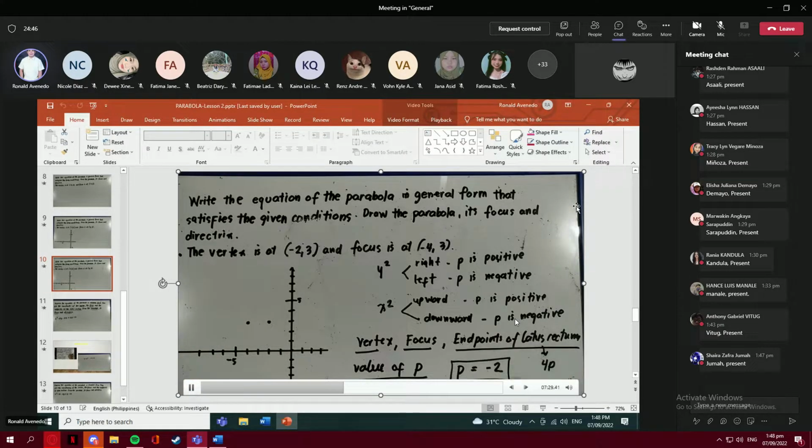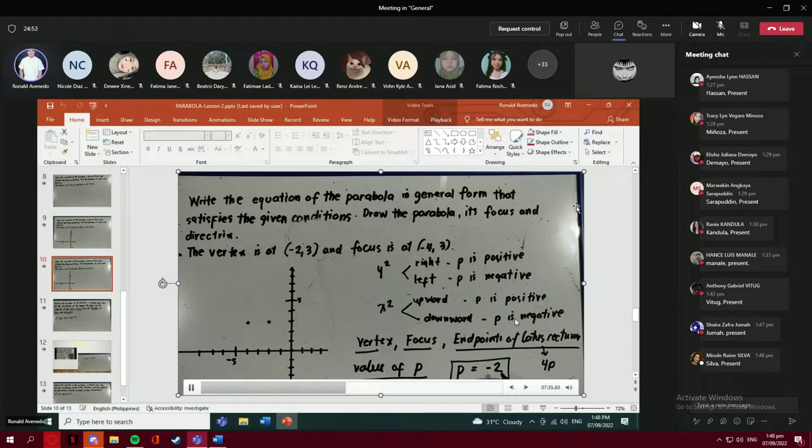So, for endpoints of latus rectum, ang length ng latus rectum is 4 times P. So if we have 2 as our P, 4 times 2 is 8. So meaning to say, ang latus rectum ay 8 ang haba. So divide that by 2. So 8 divided by 2 is 4. So from our focus, we will just count 4 upward and 4 downward.